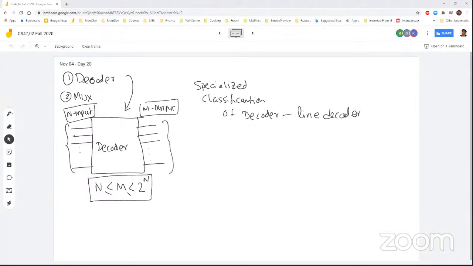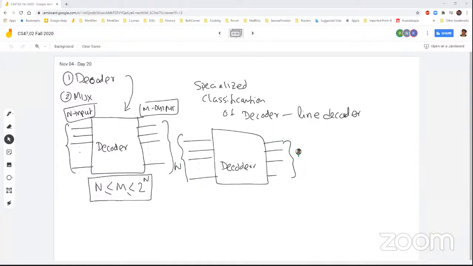Okay, so a line decoder is a decoder. That means it can have n inputs and m outputs.